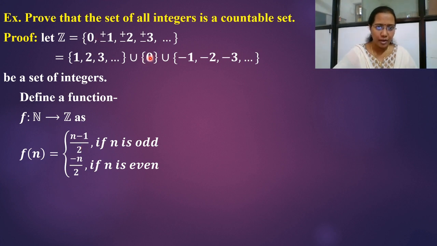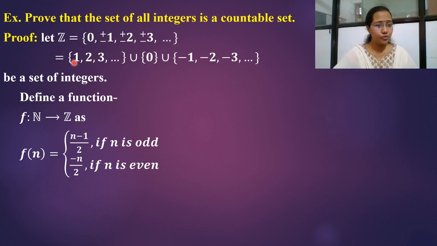So 1 maps to 0. This 0 is covered. Next, the second natural number, 2. Now 2 is even, so by definition, what will be the output? Minus 2 upon 2, that is minus 1. So minus 1 is covered. Next element from natural numbers, 3. 3 is odd, so (3 minus 1) upon 2, that is 2 upon 2, that is 1.